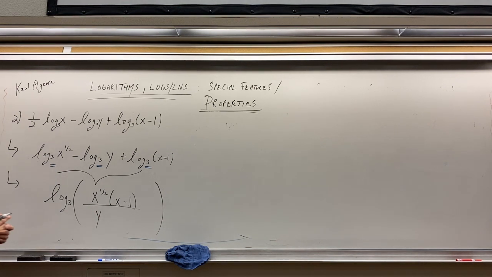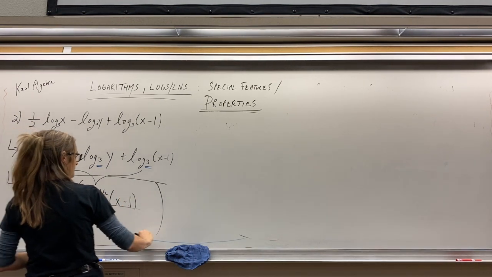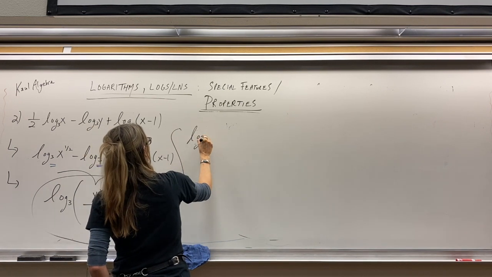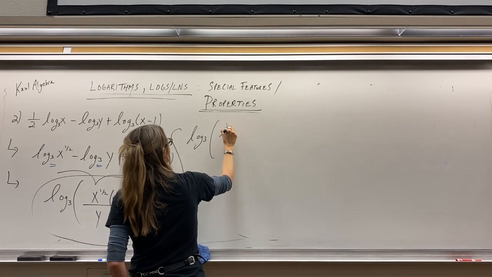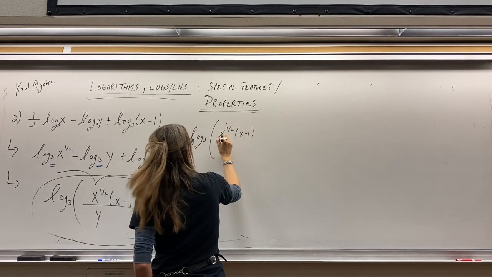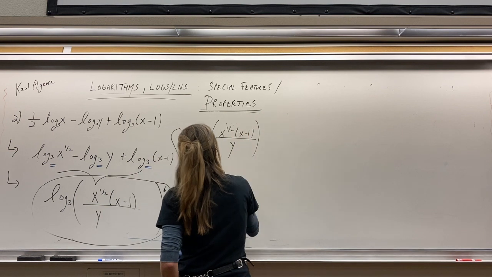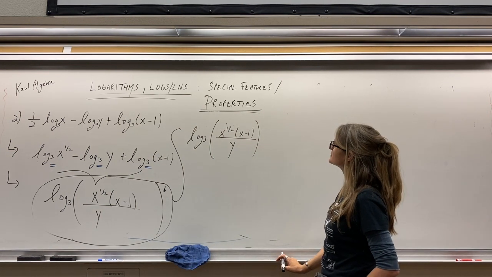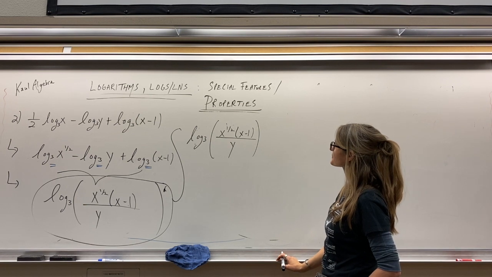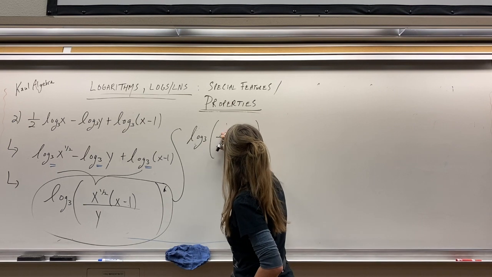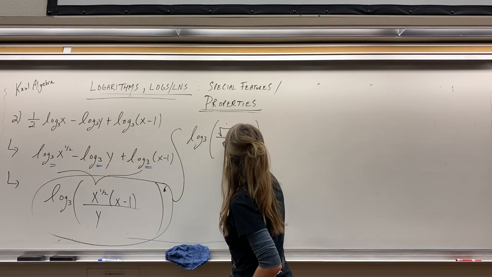And you could stop there, or we could say the equivalent is log base 3 of x to the 1/2 times x minus 1 over y. This x to the 1/2 is the square root of x.